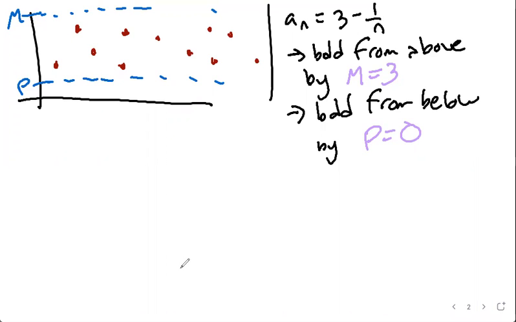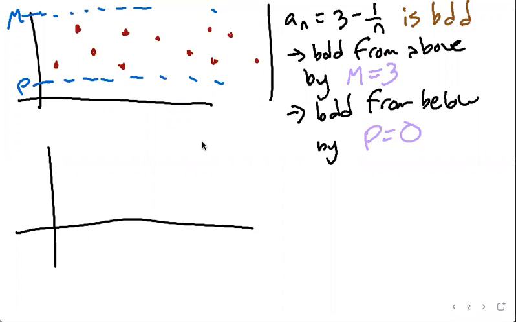So the terms here go like 2, 2.5, 2 and 2/3, 2 and 3/4. So p equal to 0 is certainly a lower bound here. Because we have both an upper bound and a lower bound, we can say that the sequence is bounded.